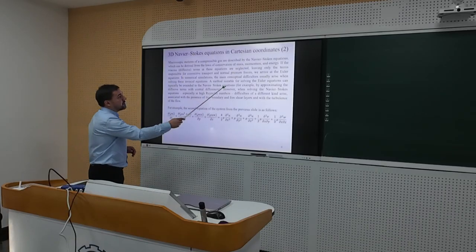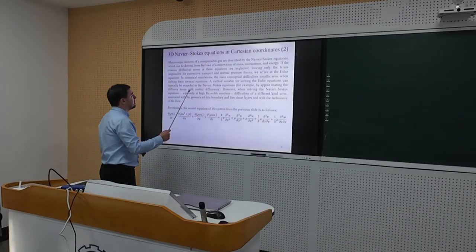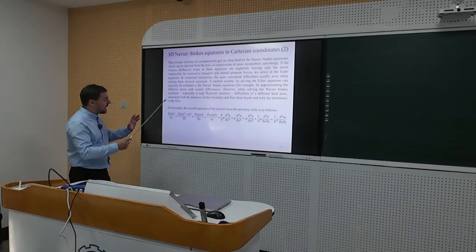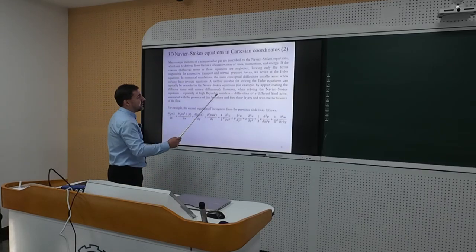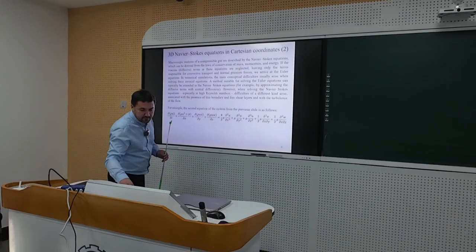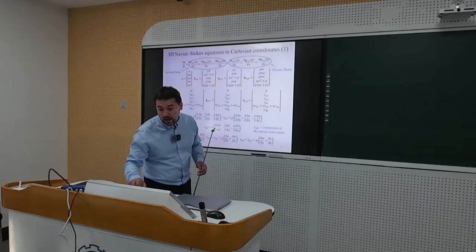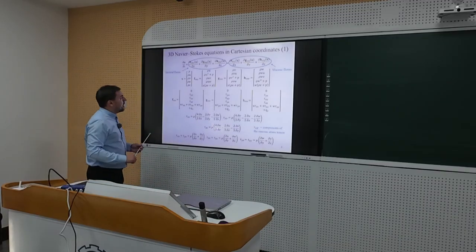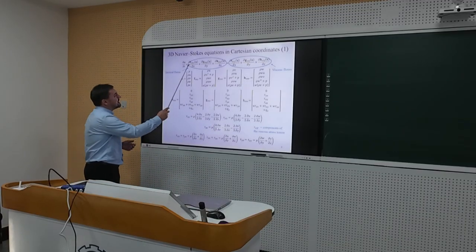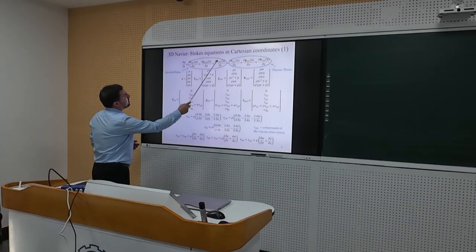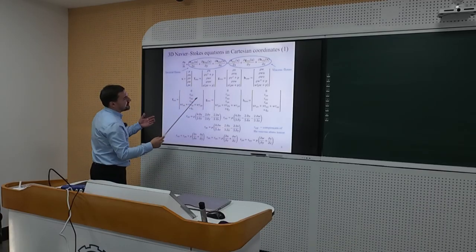A method suitable for solving the Euler equations can be extended, maybe not so easily, but it can be extended to the Navier-Stokes equations. The problem is that you cannot approximate this term in a very simple manner.